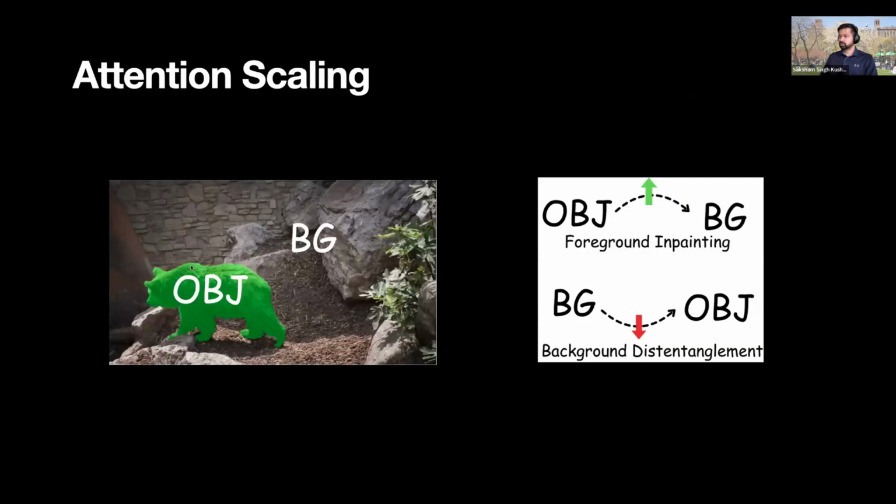For the object region, we make it weigh more towards the background, so it tries to borrow more or attend more towards the background so that it can inpaint it. And for the background, we make it attend less towards the object itself so that the background is disentangled from the object and can retain itself more.